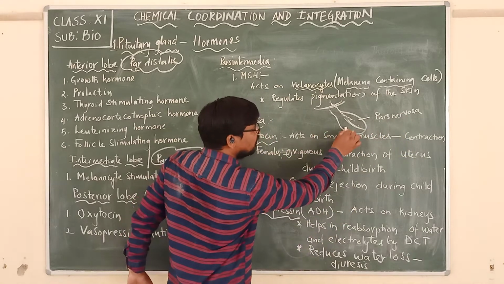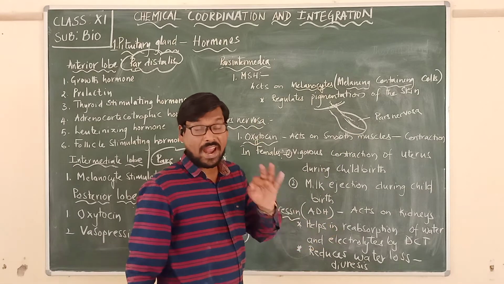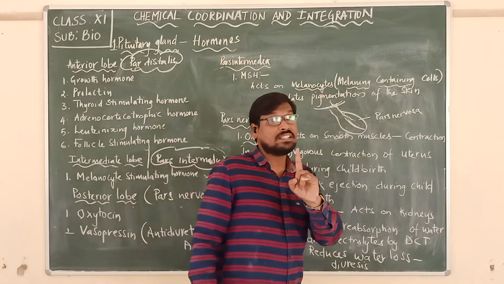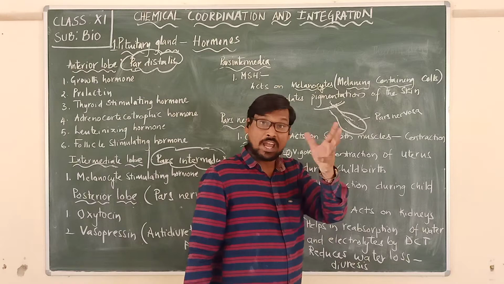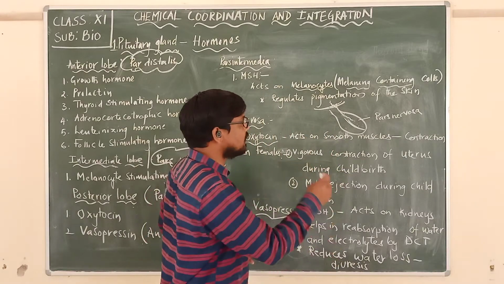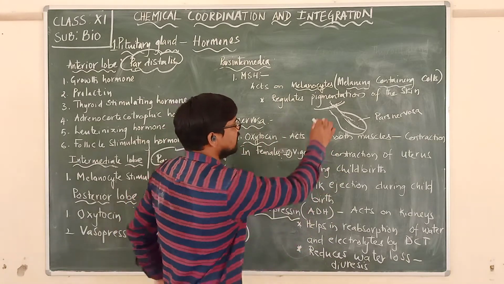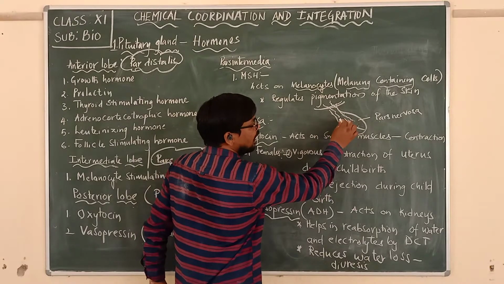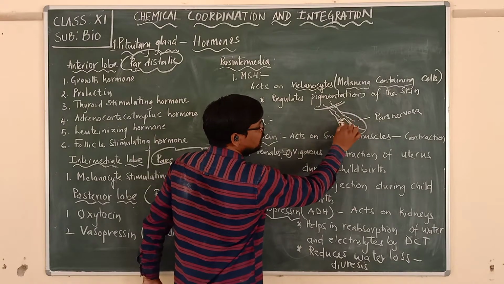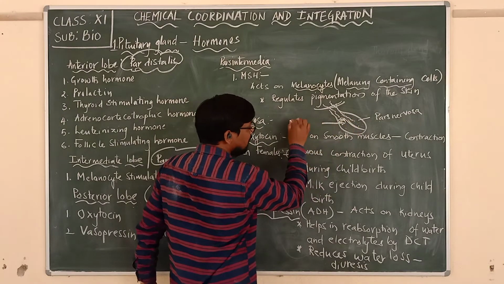But when we are talking about the anterior lobe, it is not directly under the control of the hypothalamus. Hypothalamus will be releasing the releasing factors. They will be connecting to the blood vessels as a mediator.